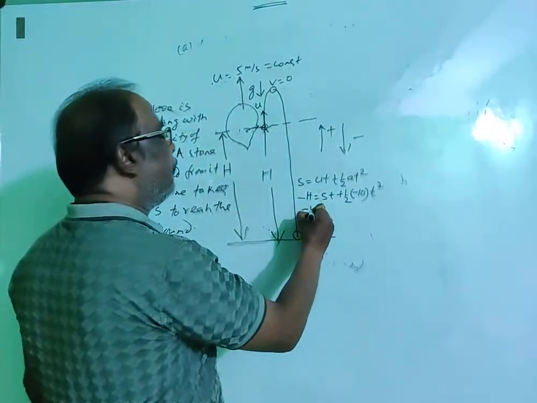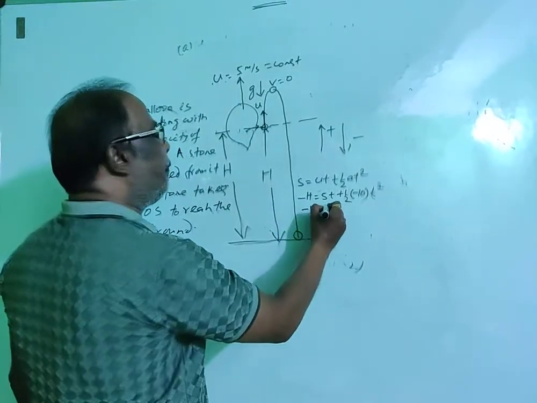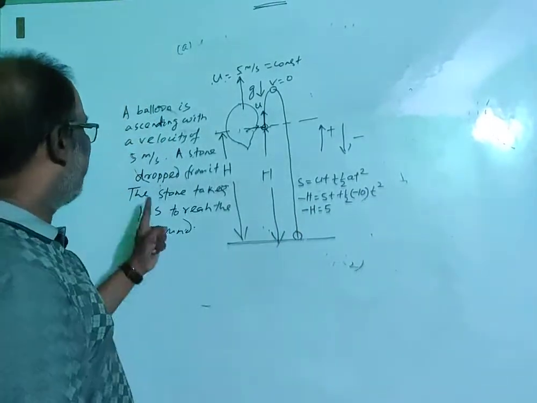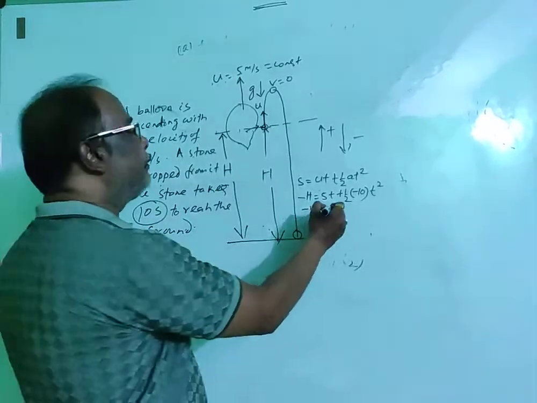So minus h is equal to 5t. Time is given as 10 seconds.